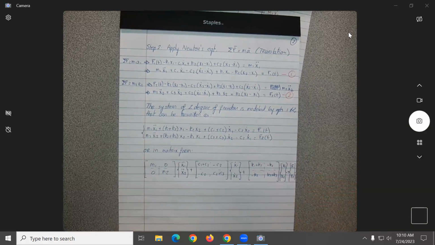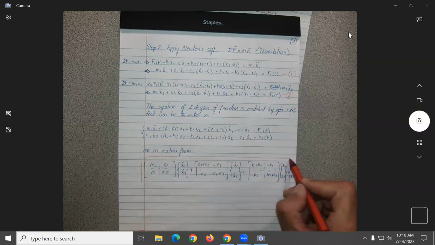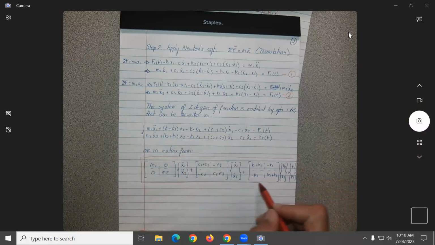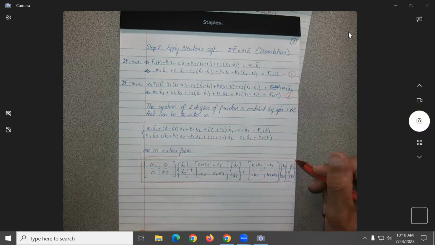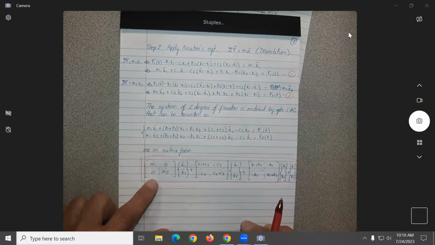So please, guys, pay attention to see how I went from these two equations to this matrix form, no?